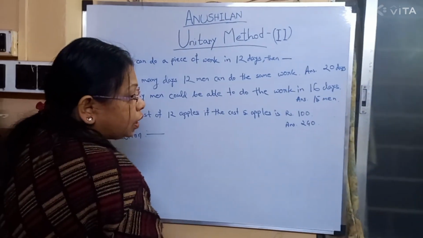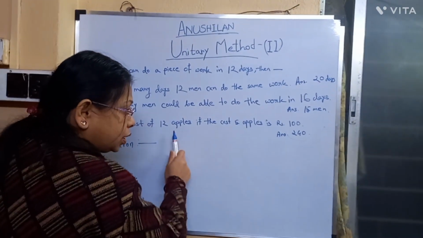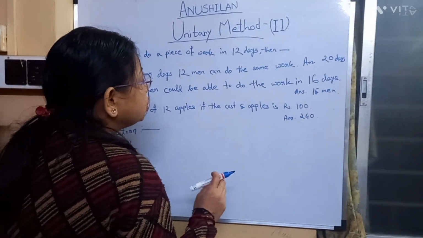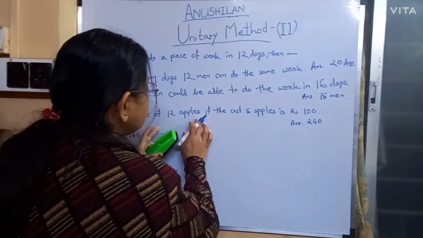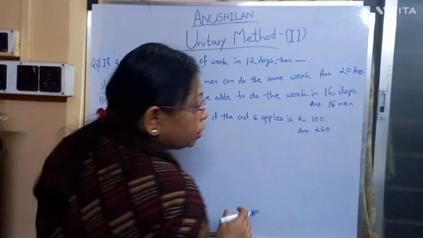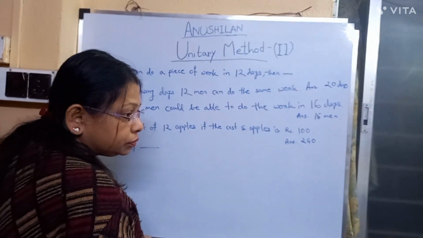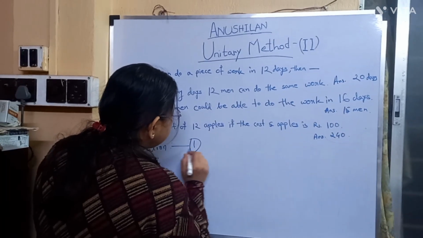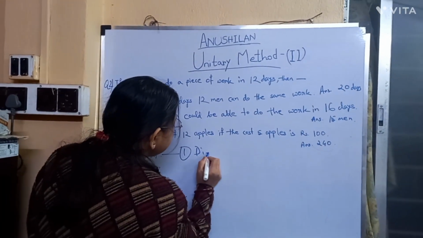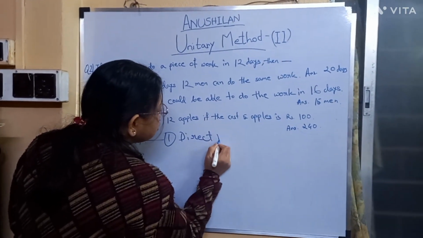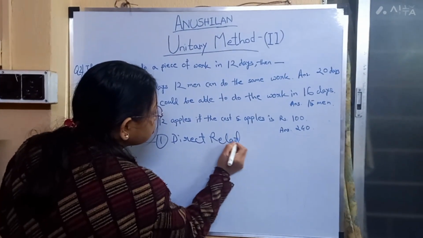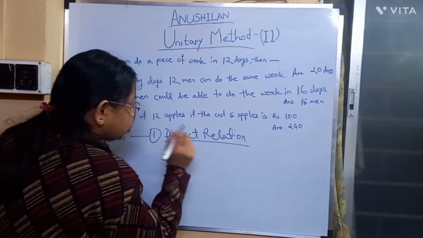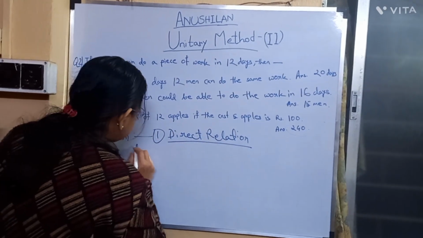Look at the answer. The cost of 12 apples is more than 5 apples. This is rupees 200. That means if the number of apples increases, the cost also increases. Simultaneously the number of apples increases and the cost also increases. That means the two parameters are in a direct relation. Relation number 1 is direct relation. So how could I define it?